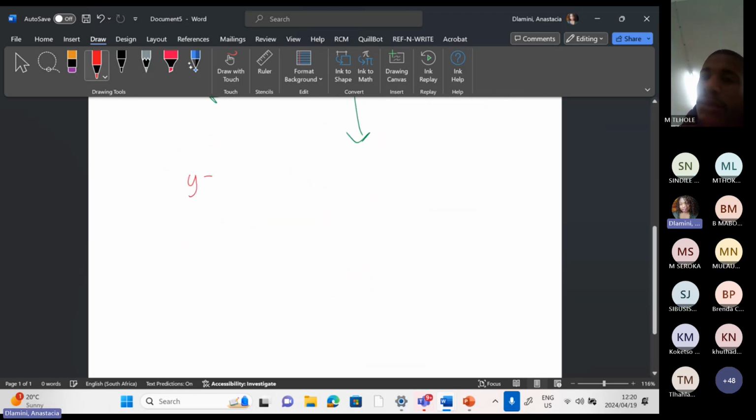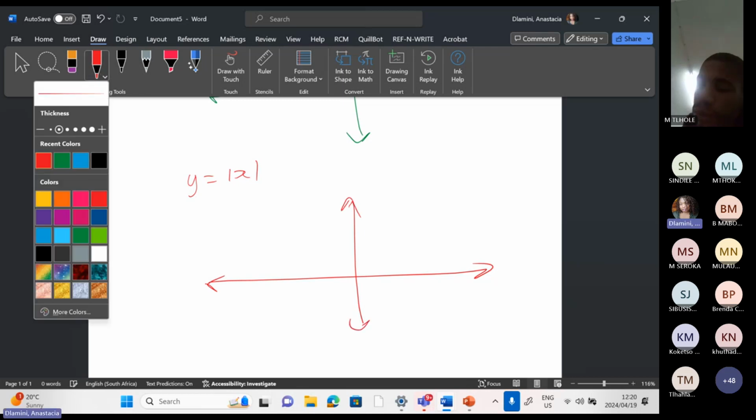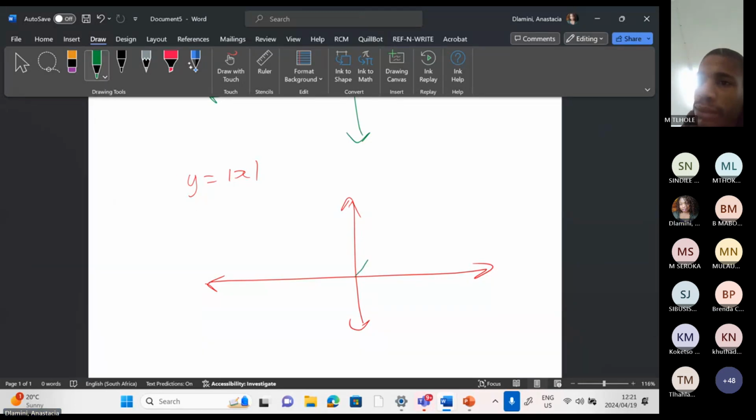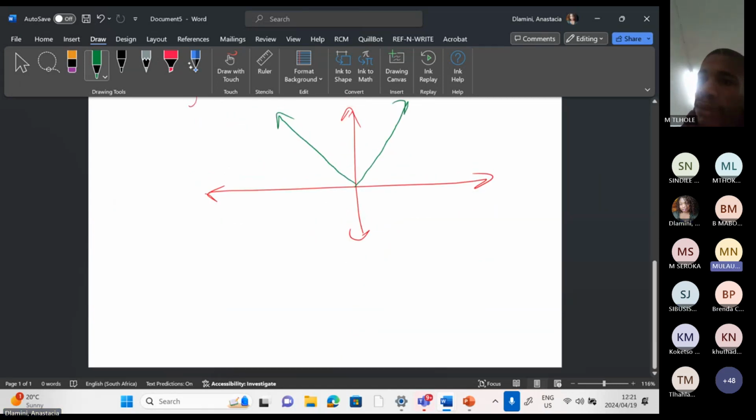Then we have y equals the absolute value of x. I don't want you doing tables. So this is the absolute value function. All together? Yes, ma'am. Then we have y equals root of x.